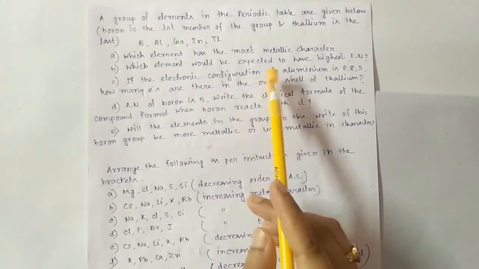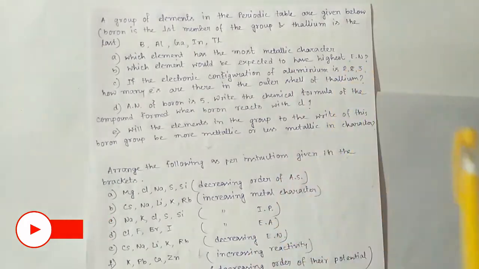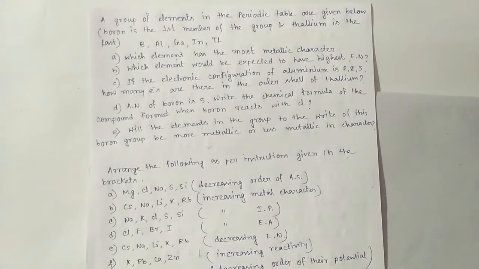Which element would be expected to have the highest electronegativity? Okay, for electronegativity I have told you that electronegativity is the tendency of an atom or the nucleus of an atom to attract the outermost shell electron pairs towards itself. If one element has the most electronegativity, it means that it has the most power to attract the outermost shell electron towards its nucleus.